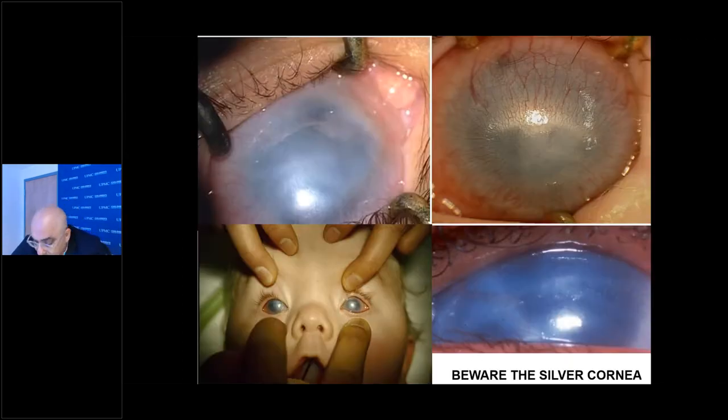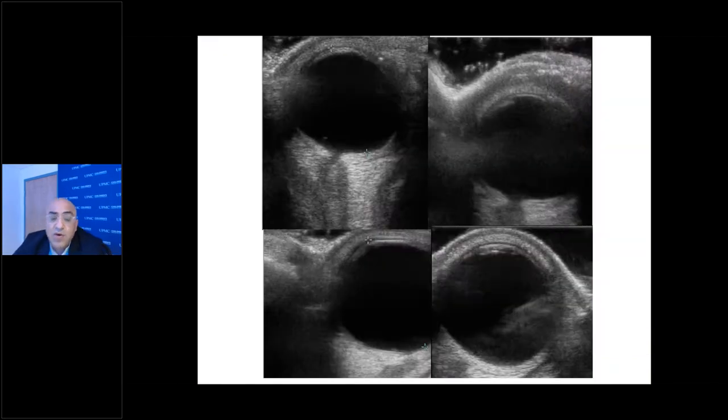There is this one condition that's very rare, but for some reason, we see a lot of it here at the Center for Rare Disease Therapy in the Department of Ophthalmology. This is the silver-looking cornea. And in this case, the lens never formed. Now, these are difficult cases because if you do a corneal transplant, because the lens never formed, they are at risk of failing.